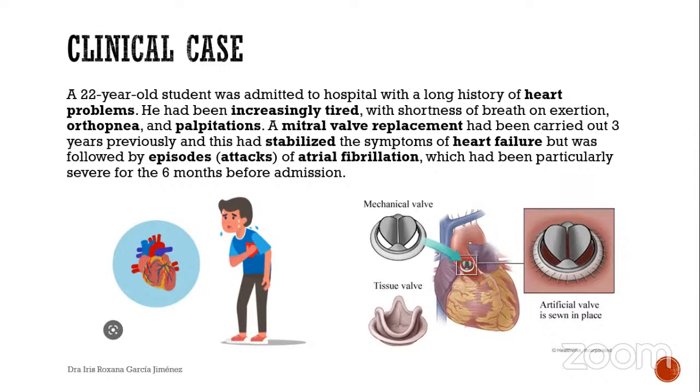A mitral valve replacement had been carried out 3 years previously, and this had stabilized the symptoms of heart failure, but was followed by episodes or attacks of atrial fibrillation, which had been particularly severe for the 6 months before admission. So you can see a patient with heart failure, right?